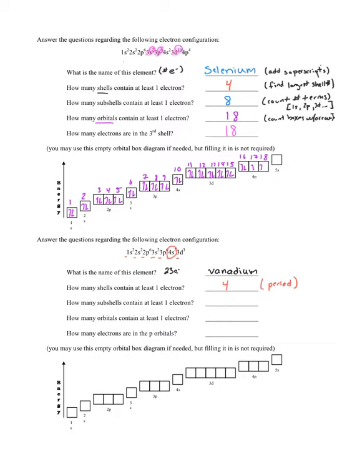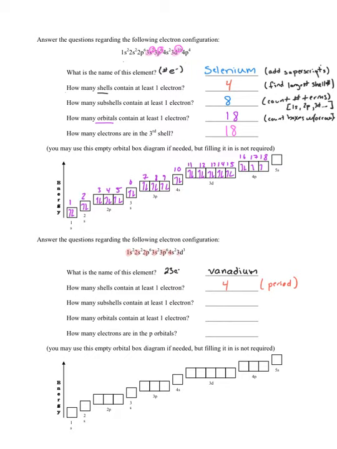Now, in terms of subshells, what we want to do is, again, count our terms. And so in this case, we've got the 1s, the 2s, the 2p, the 3s, the 3p, the 4s, the 3d.